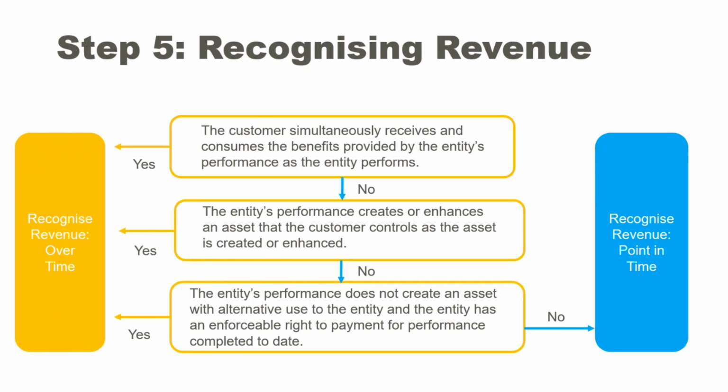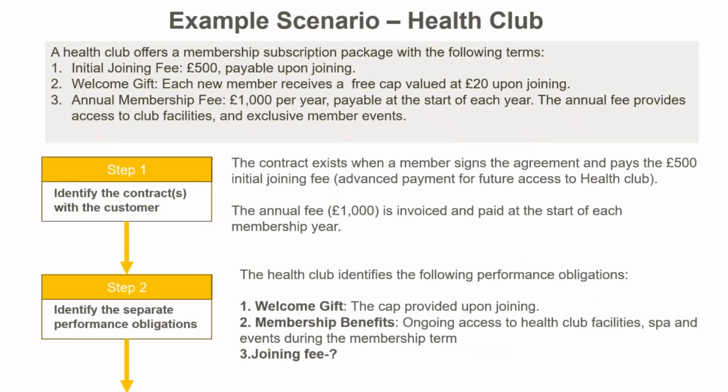I appreciate I've covered a lot of information fairly quickly. The best way to bring this knowledge together is via an example. So in this example, we have a health club. A health club offers membership subscription packages to its customers with the following terms: an initial join-in fee, which is £500 payable upon join-in.